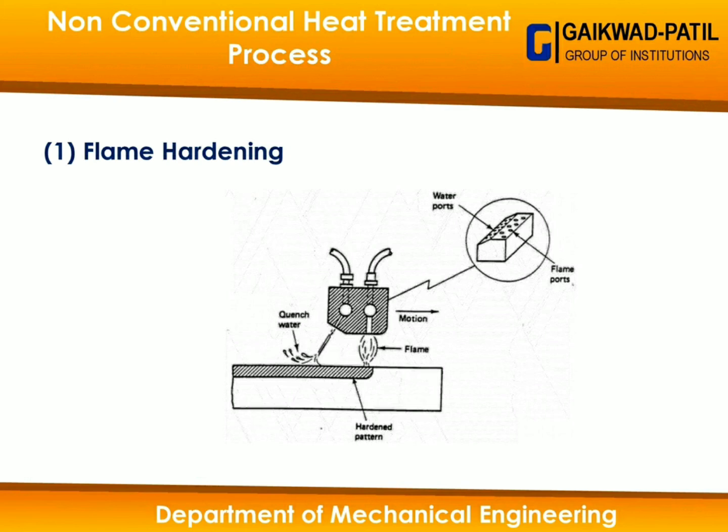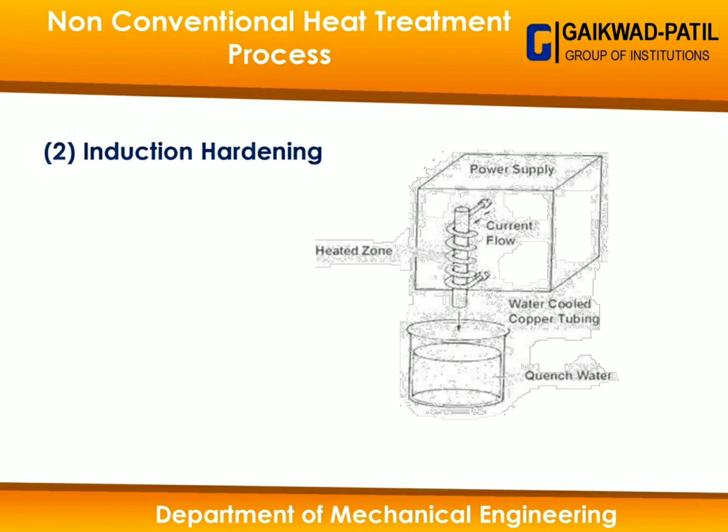Now the next heat treatment cycle is the induction hardening heat treatment cycle. In this cycle, a high frequency electric power supply coil is used to harden the metal. Here we can see in the diagram the coil in which a job is fixed, and this job is heated with the help of high frequency electric current.